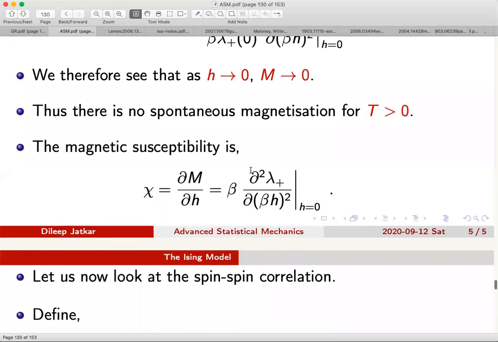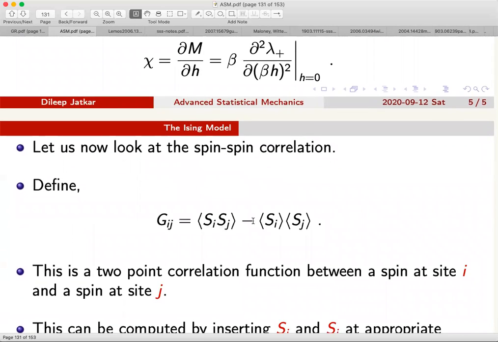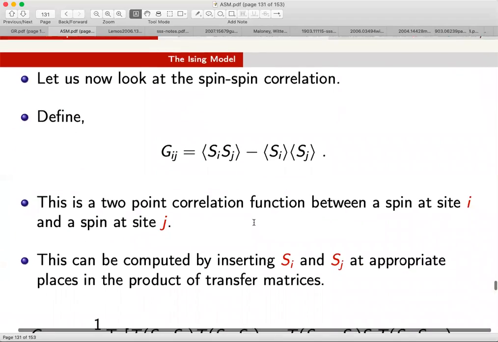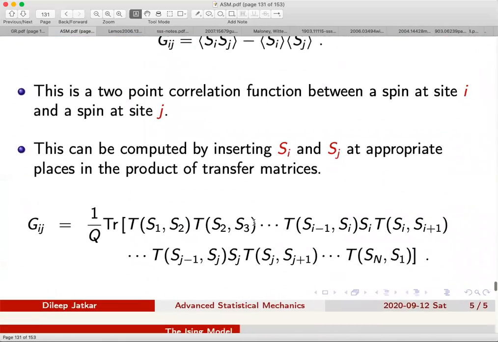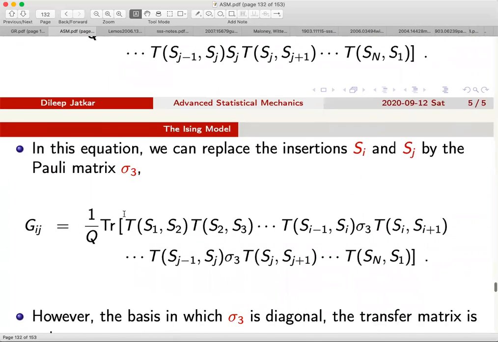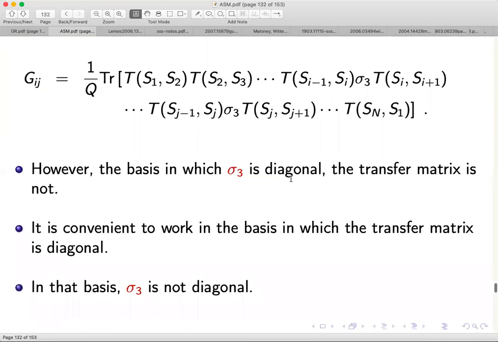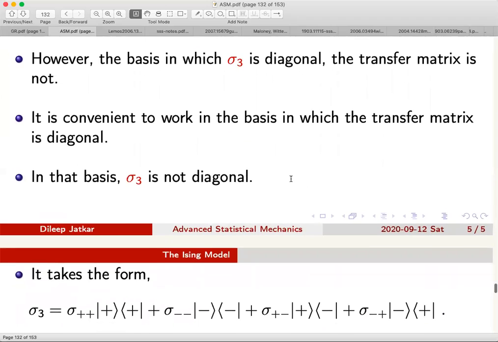But anyway, the main point of this exercise is that there is no spontaneous magnetization in the system. Then we computed the two-point correlation function, and we found by inserting the spins at appropriate places that this two-point correlation function can be computed in the basis in which T is diagonal. That is the basis in which S is not diagonal, but one could still compute it. And the idea was simple.